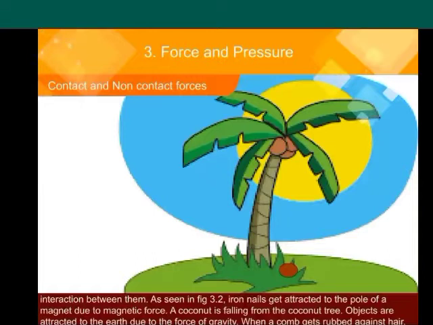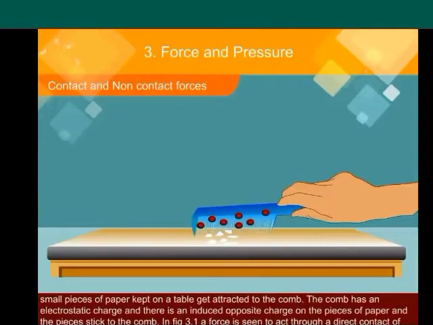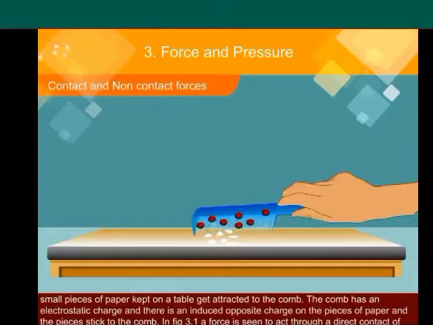When a comb gets rubbed against hair, small pieces of paper heaped on a table get attracted to the comb. The comb has an electrostatic charge and there is an induced opposite charge on the pieces of paper, and the pieces stick to the comb.